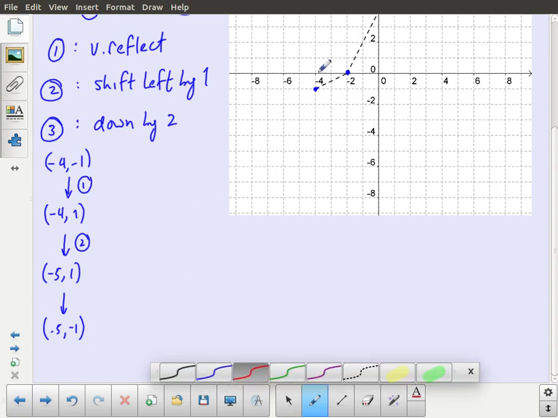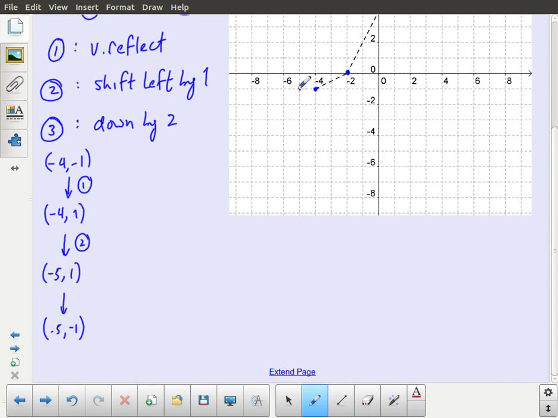I'll put this one on because I started. Negative 5, negative 1. So there's the new location. Now you might think, oh, well in that case, it really just works out to be a shift to the left by 1. Don't fall into that trap. That's what happened here, but that's not necessarily what's going to happen throughout the whole transformation, and you're going to see that as we go.